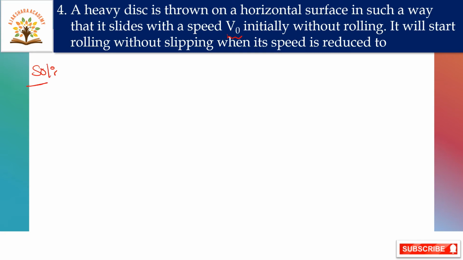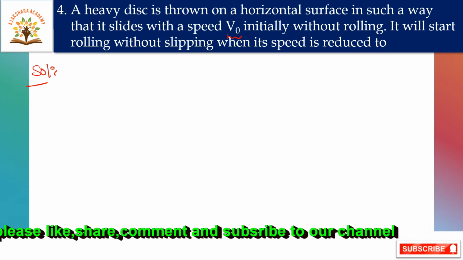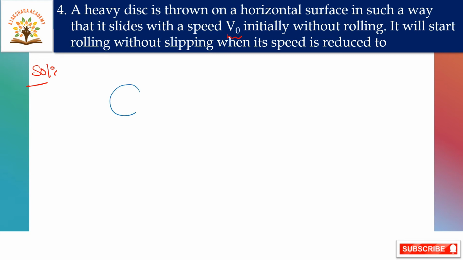A heavy disc is thrown on a horizontal surface, in such a way that it slides with a speed v0.